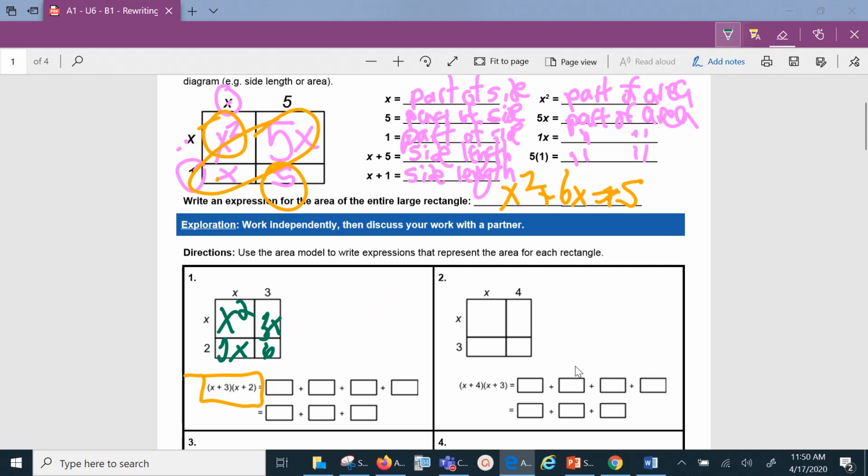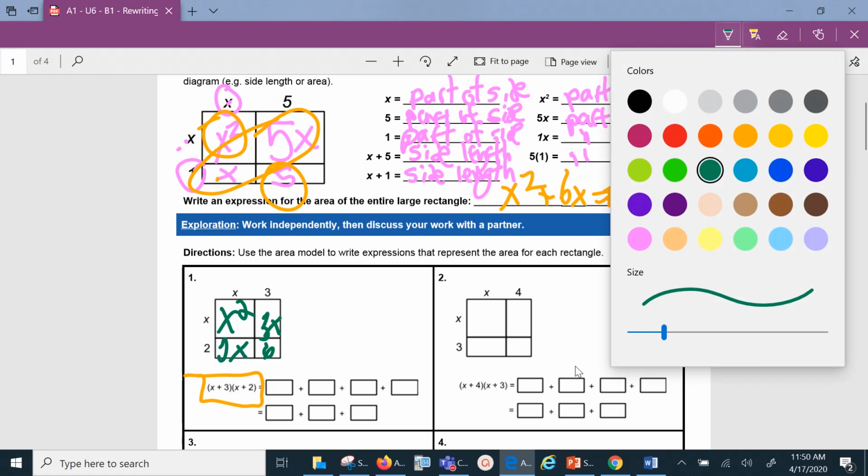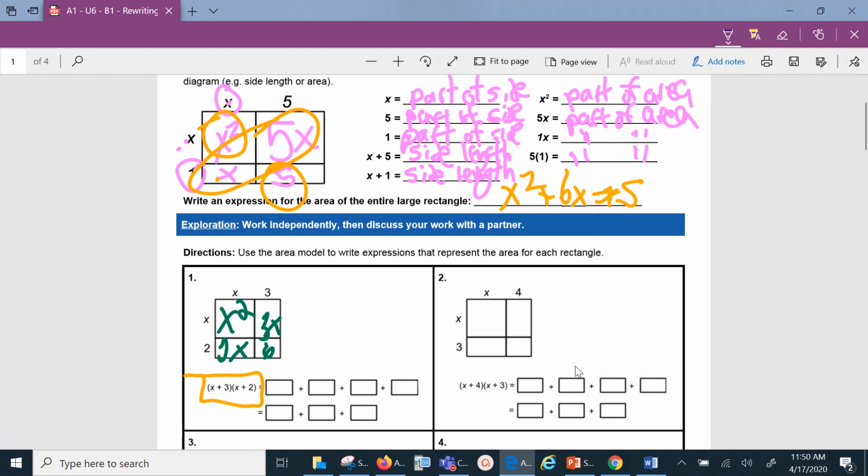So step one was to create this. Step 2 is to fill in the box. And your last step is to simplify. What do I mean by that? So, these are what's inside the box right now: 3x, 2x, 6, right? To simplify means to combine like terms.